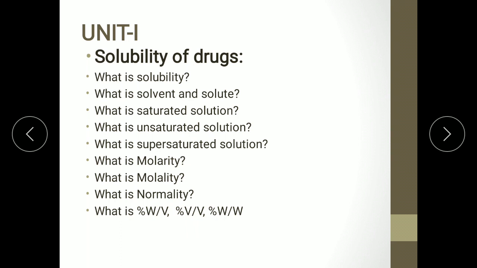Suppose 1 gram of solute in 100 ml of solution, it is called 1% weight by volume. Like that 1 ml of solute in 100 ml of solution, it is called 1% volume by volume. Then 1 gram of solute in 100 gram of solution, it is called 1% weight by weight.